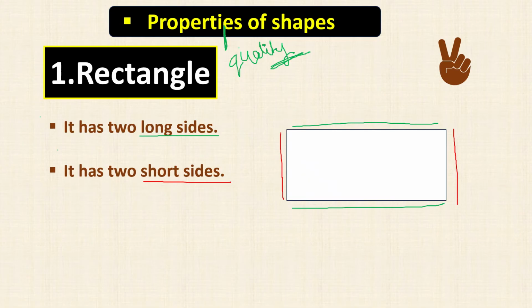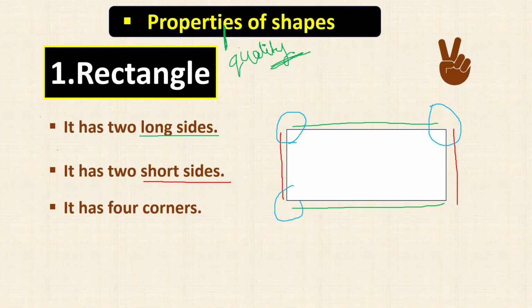After that, look at the next point: it has four corners. How many corners? Four corners. As you know, where the red and the green one attach is a corner. So the first corner is here, second corner here, third corner here, and the last, the fourth corner, is here.